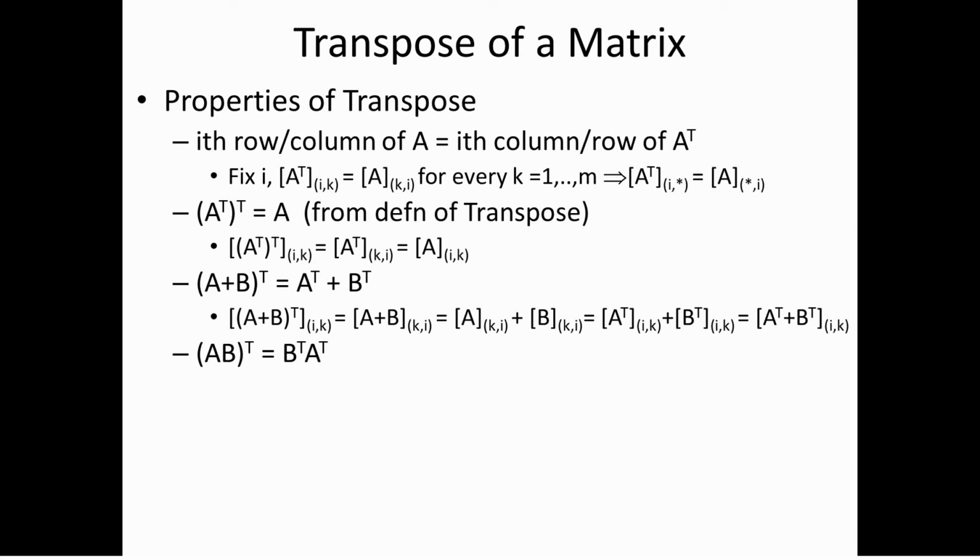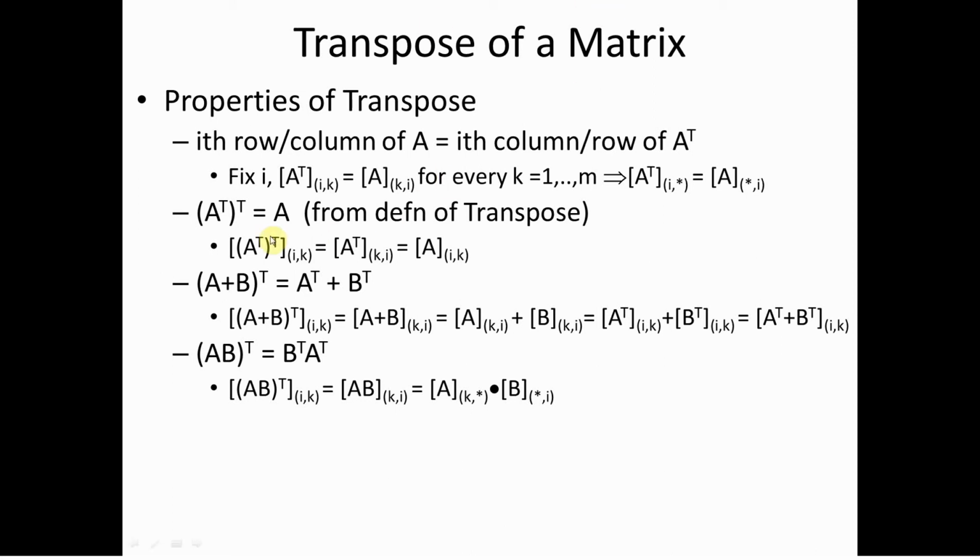Okay, the transpose of a product is the product of the transposes in reverse order. This is a little more tricky to prove, and so we have to use a little notation here. If we look at the kth element of the transpose of AB, it's equal to the kth element of the product AB. And how do we get that?